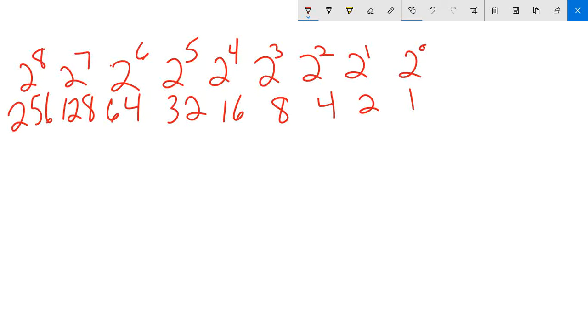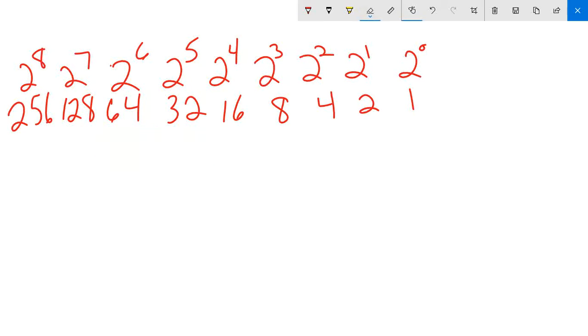And let's use this to do the first problem on the homework. The first problem on the homework had the base 2 number 1, 0, 1, 1, 1, 0. I'm going to erase that and put it in a better place.